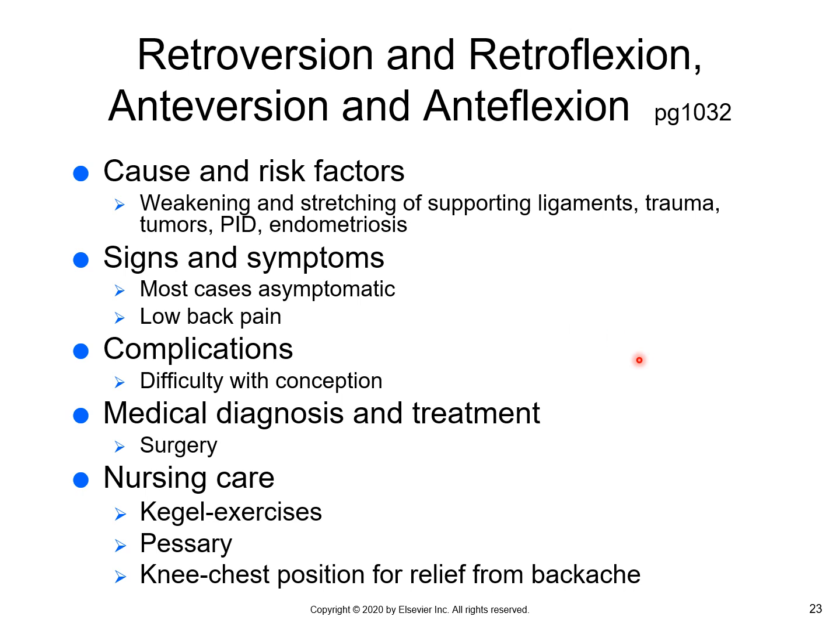Signs and symptoms, most cases are asymptomatic. If there is a symptom, then they will have low back pain. Complications is difficulty with conception. If you look at page 1032, you can see the anteversion, anteflexion, retroflexion, retroversion, and retroversion with retroflexion.